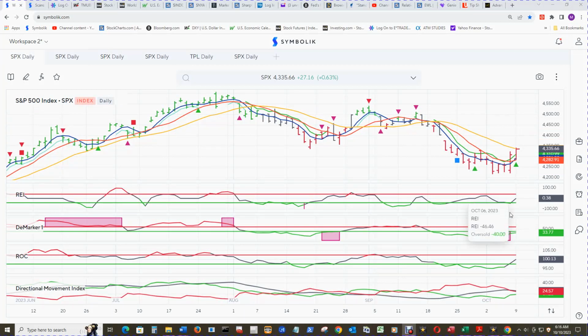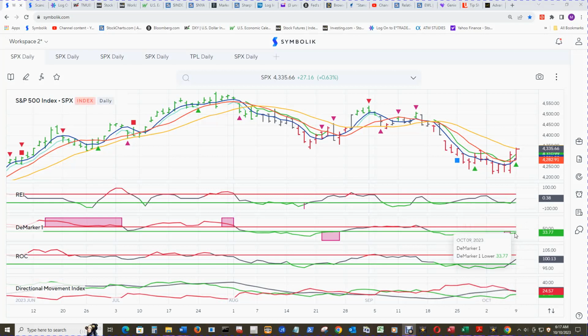And here's the REI, DeMarker 1, ROC, and DMI index here. And it looks like DM1 has printed an oversold region here. So it just needs to get above oversold 40 right there. If it gets above that, and ROC is already above its oversold here, and REI is above its oversold.